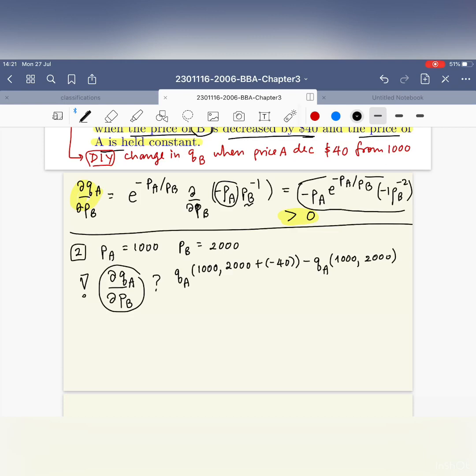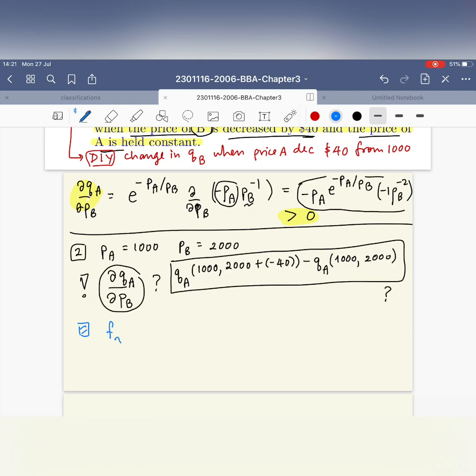So you need to find this difference. Actually, you used to do this before, but now in a special case. So let us go back to the previous video clip.